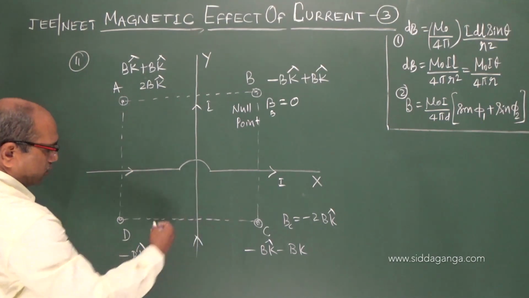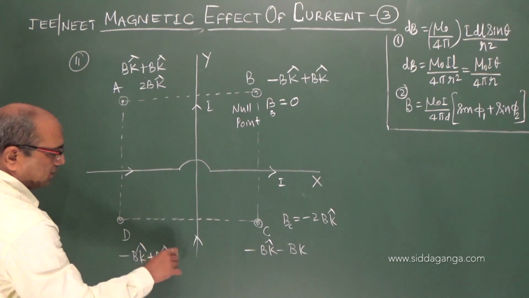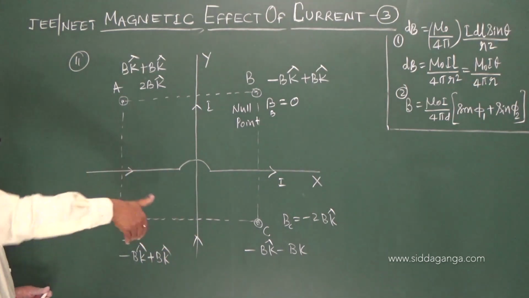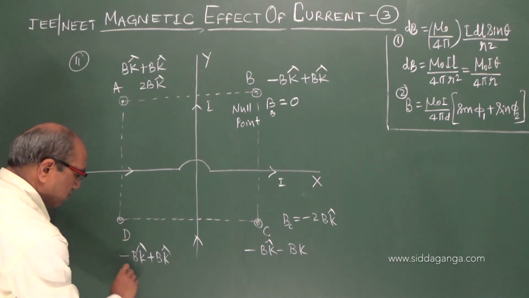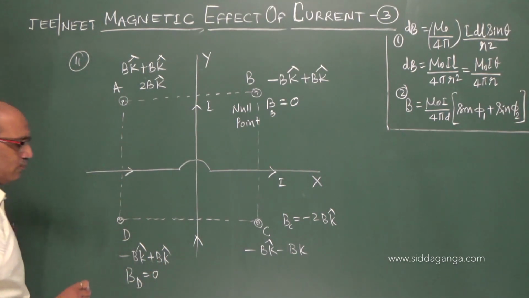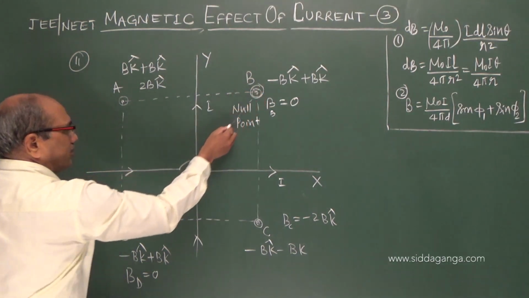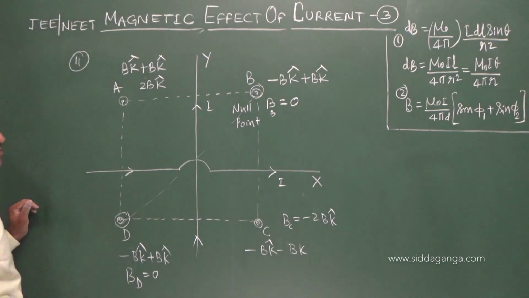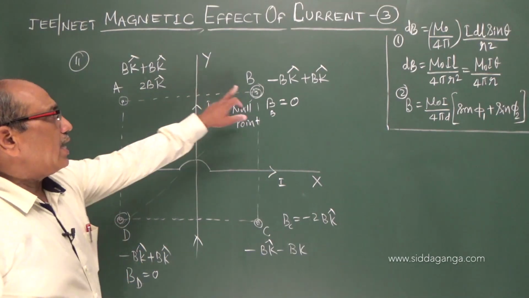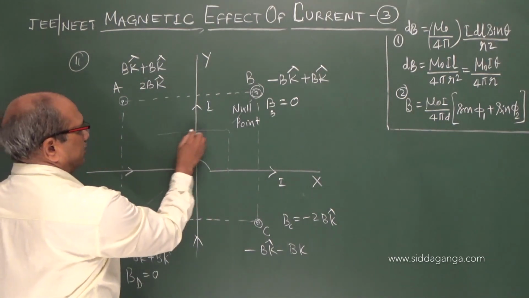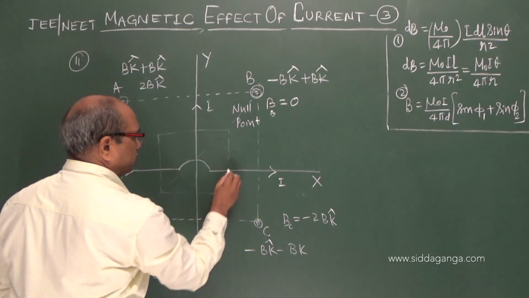But it is anti-clockwise, plus BK of this wire. Anti-clockwise upward, this gives you downward. So the magnetic field at D becomes 0. These are the null points observed here. This line, if you come, is a null point line. At D, at B equally. So you can see the points where it becomes 0.